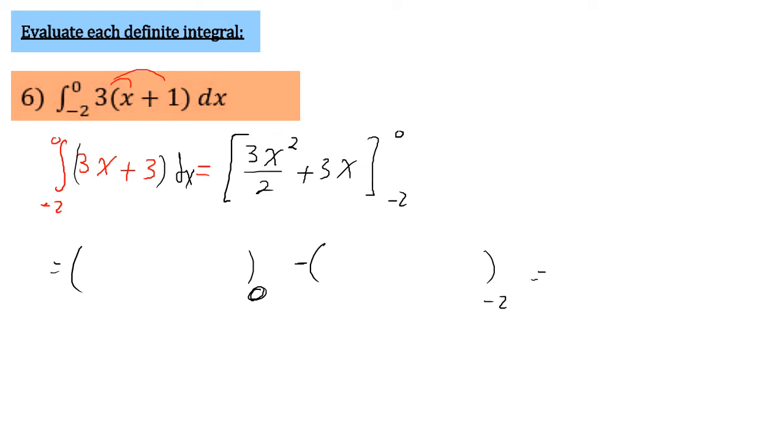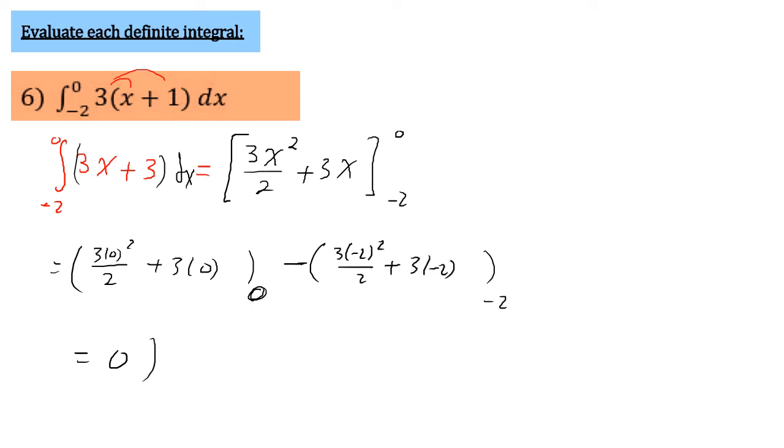So it's 3 multiplied by 0 square divided by 2 plus 3 times 0, which gives me 0, and 3 multiplied by negative 2 square divided by 2 plus 3 times negative 2.